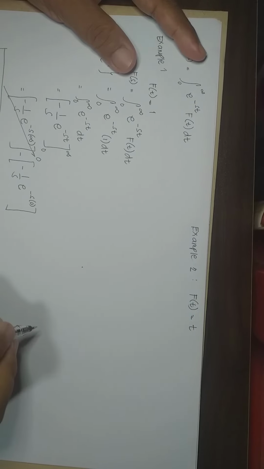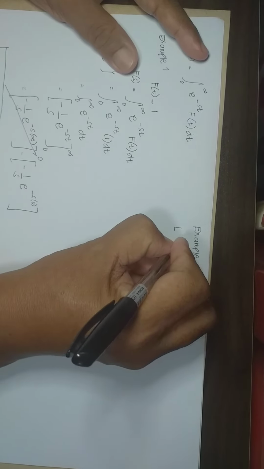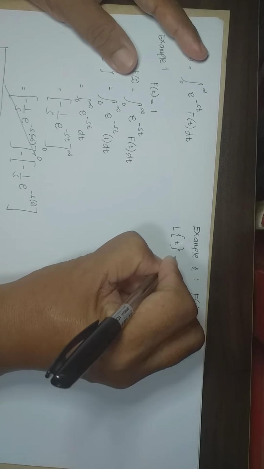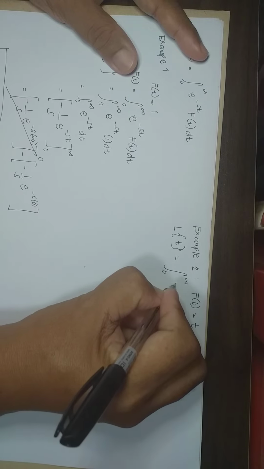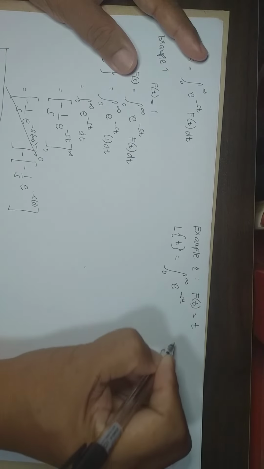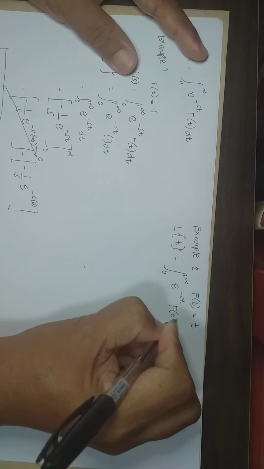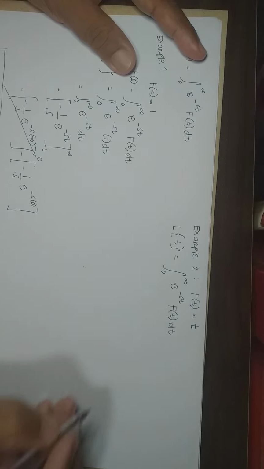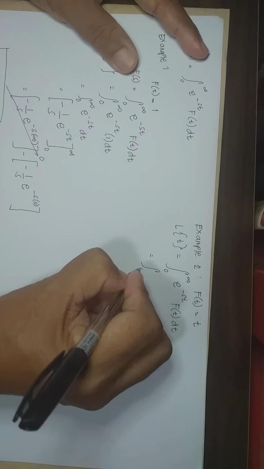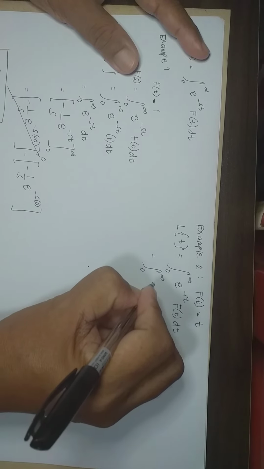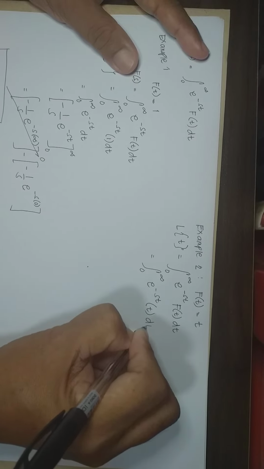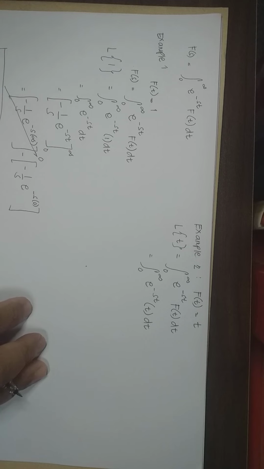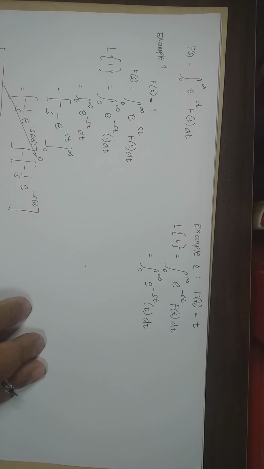So instead of 1, the Laplace transform of t is equal to the integral from 0 to infinity again of e to the negative st f of t dt. Or this is the integral from 0 to infinity of e to the negative st times t dt. Okay? So this is now in the form of integration by parts.